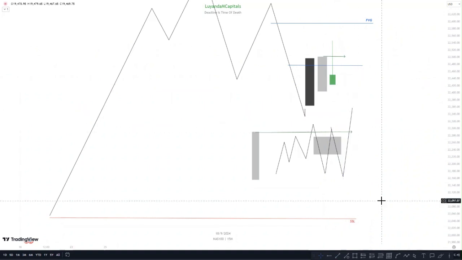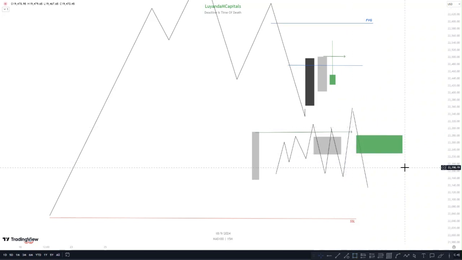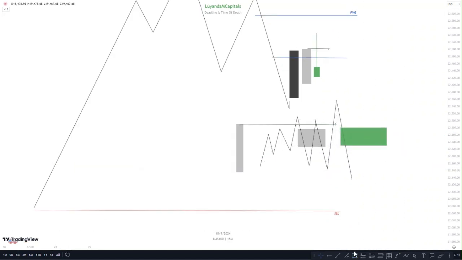So for our representation, price just goes higher and then goes lower, taking out a low here, right? And then it closes inside. Then it leaves behind a fair value gap to enter off of, right? The third candle, which we are anticipating to head lower now, goes higher just for a bit and then goes lower again.